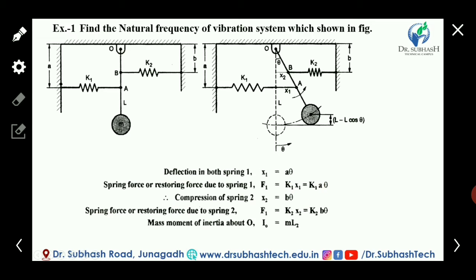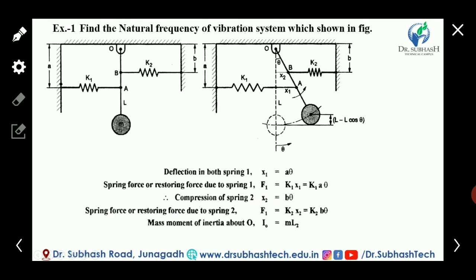Now the displacement or compression of spring 2 is x2, and x2 is defined by b theta. The x2 is defined by b theta and x1 by a theta, because we have to create the equation in the form of theta. So displacements x1 and x2 are converted into the form of theta.